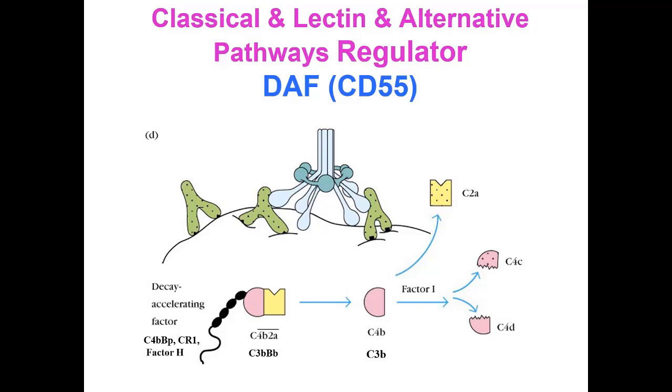As you see here, again, C4b and C3b after dissociation, or destruction of the C3 convertase, factor I cleaves these two fragments into smaller fragments.